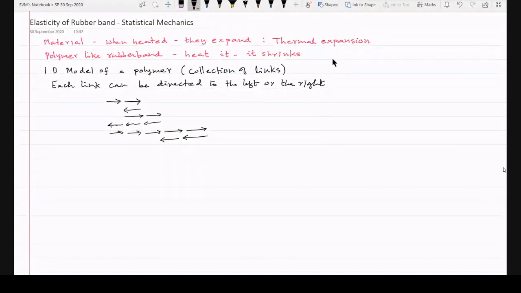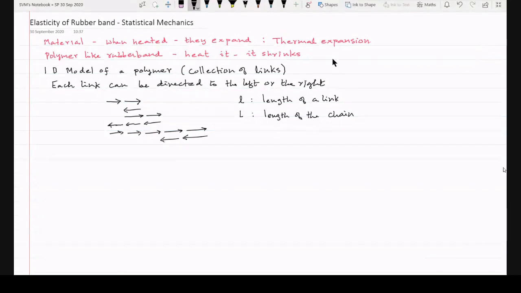Now let's say that small l is the length of a link, and let us define capital L as the length of the chain or rubber band.